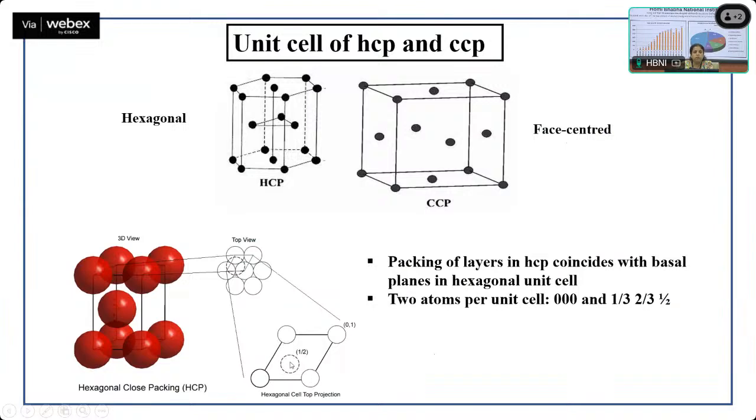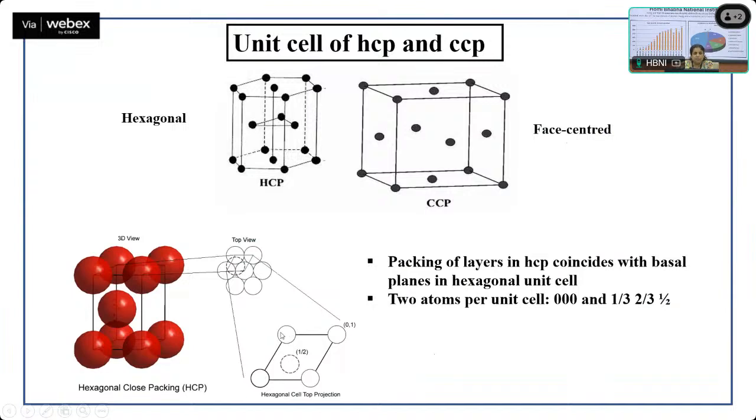So what is the coordinate of this particular lattice point, the atom that lies here in the center? The easiest thing that I can talk about right now is the z coordinate, that is half. If I take this from top to bottom atom as one lattice parameter C, then this lies at half. So the z coordinate is half. What is the coordinate of this particular atom at the x and y coordinate?